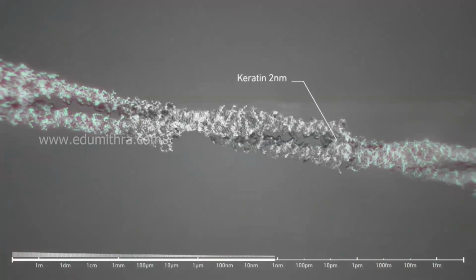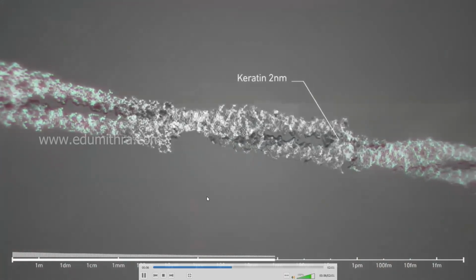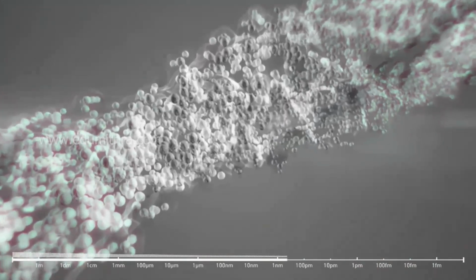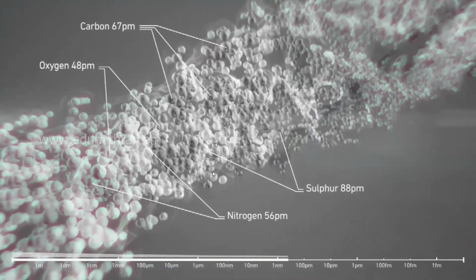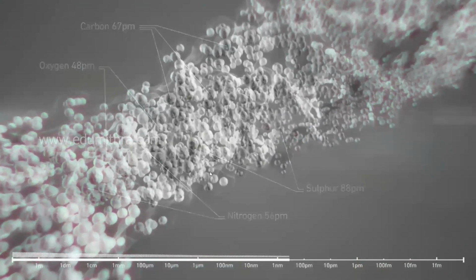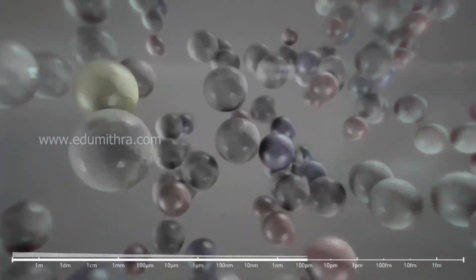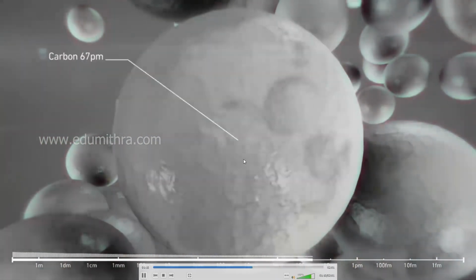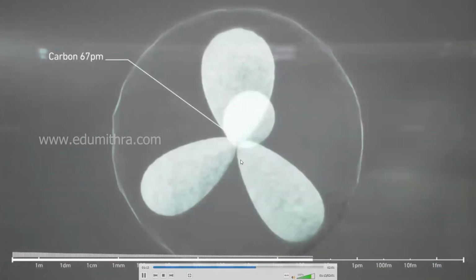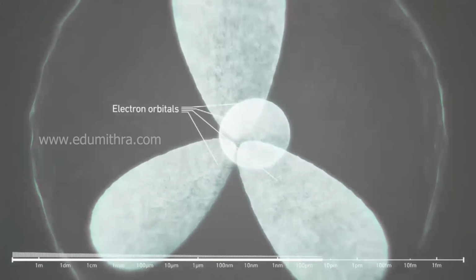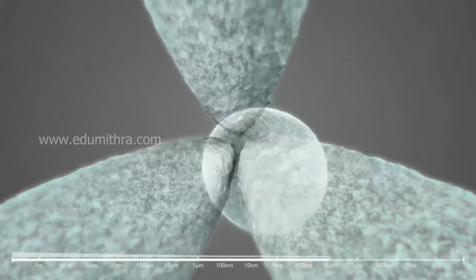Now this is the keratin. And that keratin is made up of carbon, oxygen, sulfur, nitrogen, etc. So now we are zooming into a carbon atom. If you zoom into the carbon atom, the first thing that you see is the electrons, and then if you go to the center, you will see something called the nucleus.